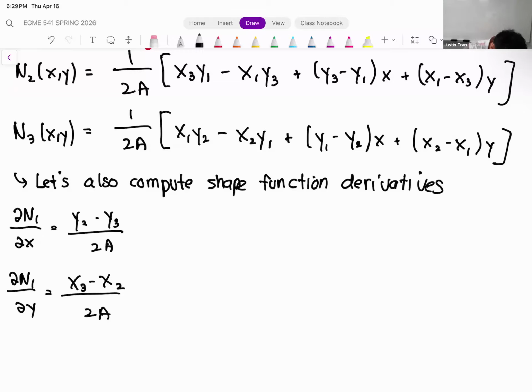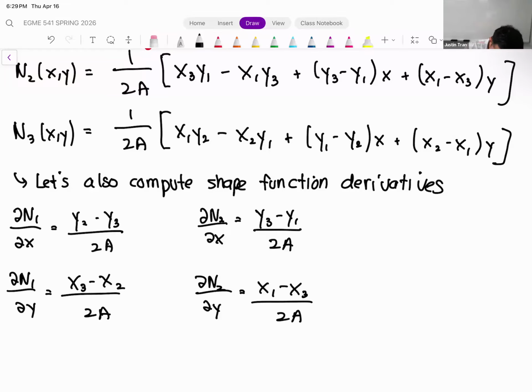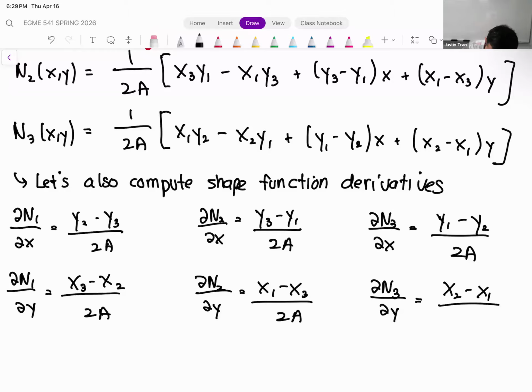Next, partial N2 partial x is equal to y3 minus y1 divided by 2a, and partial N2 partial y is equal to x1 minus x3 divided by 2a. Then partial N3 partial x is equal to y1 minus y2 all divided by 2a, and partial N3 partial y is equal to x2 minus x1 divided by 2a.